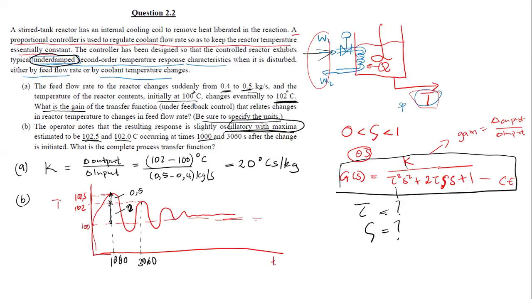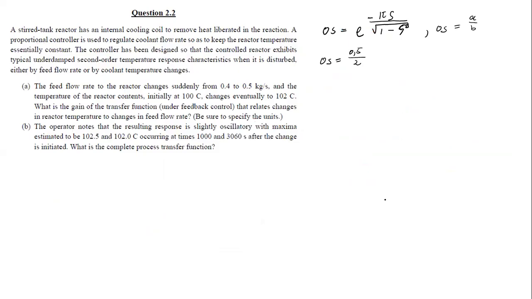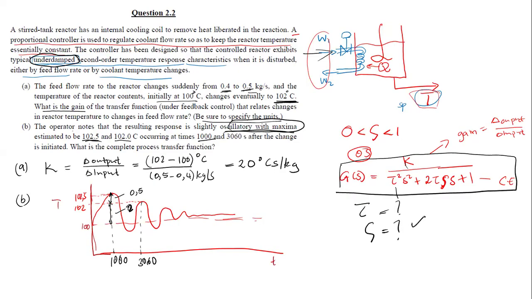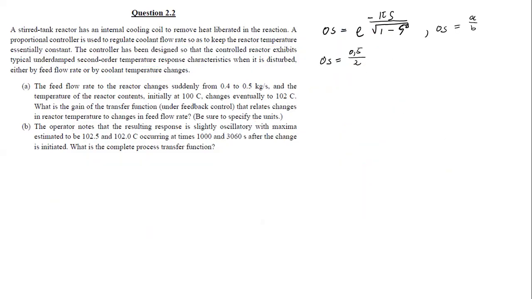Remember, this is my objective for writing this equation to start with. I cannot have two unknowns in one equation while I'm looking for another unknown. So hence I'm calculating the overshoot. Our overshoot is 0.5 divided by 2, which will most definitely be 0.25. When we express this overshoot as a percentage, we have 25%.